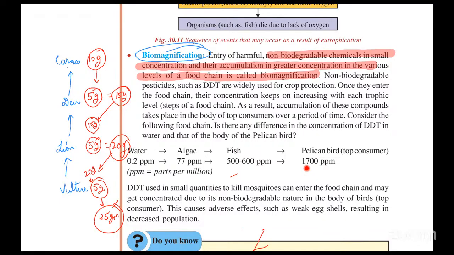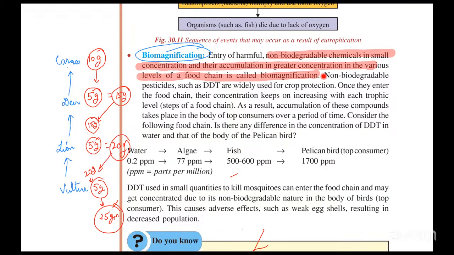Okay. So what I'm trying to say is that at each trophic level the chemical concentration is increasing. Yes, Joshua, can you read this from here? Non-biodegradable pesticides such as DDT are widely used for crop protection.